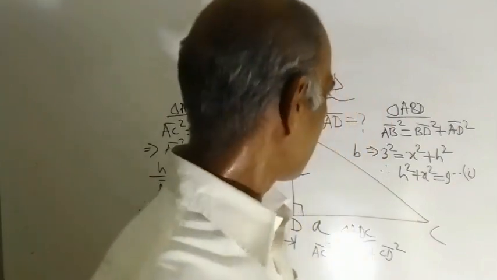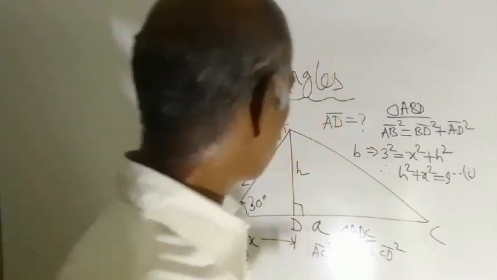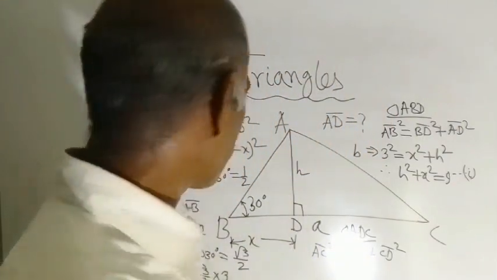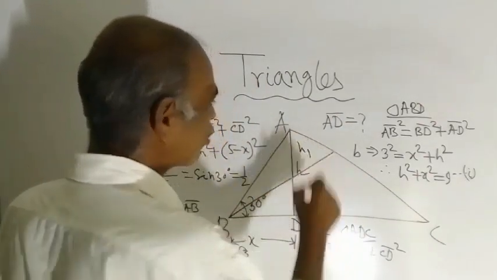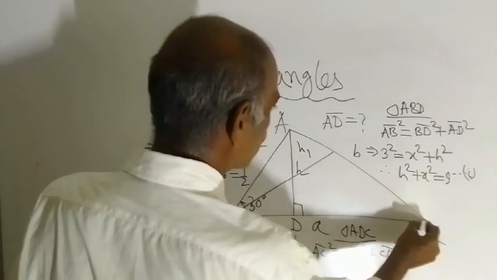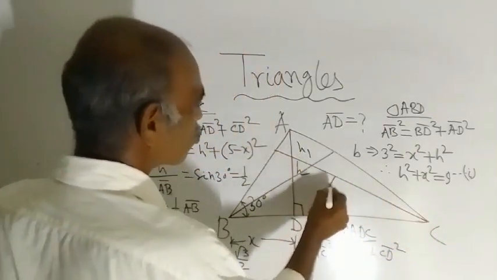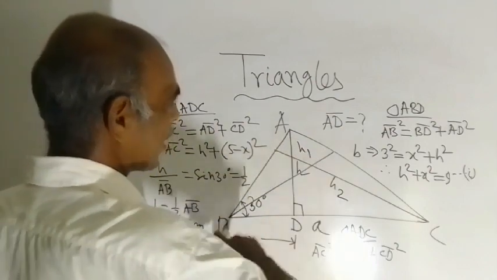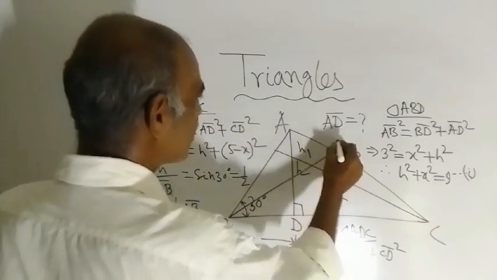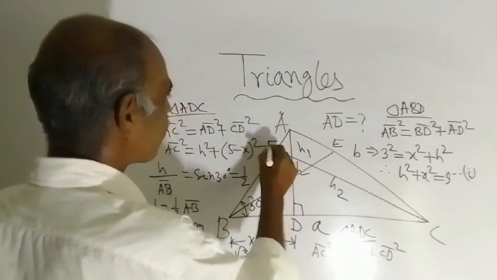Say this perpendicular is denoted by h1, and this perpendicular is denoted by h2. This was denoted by h, so this is h1. Say this point is E and this point is F.